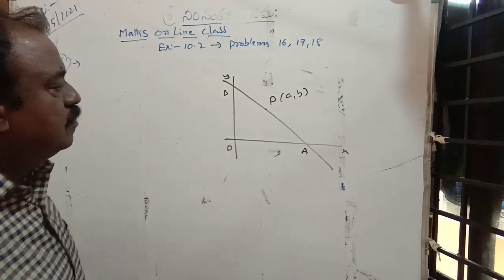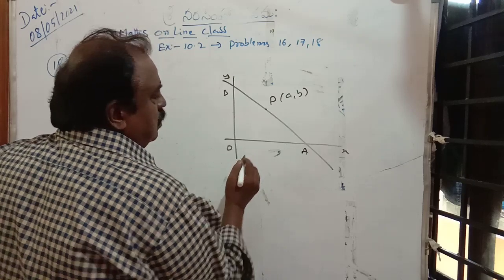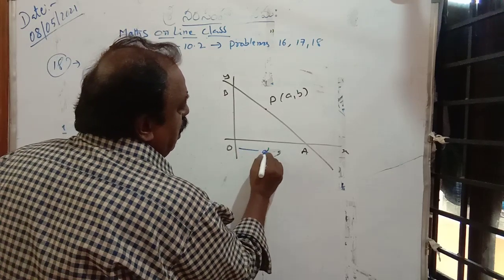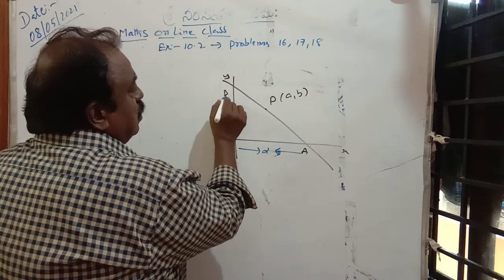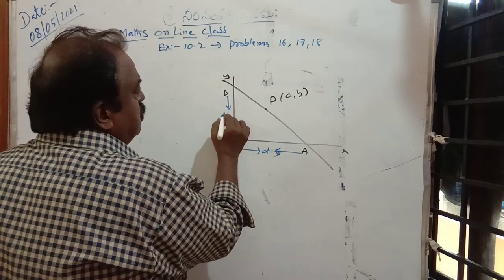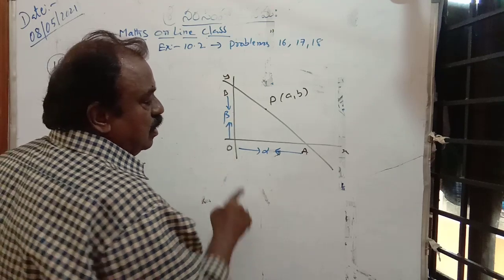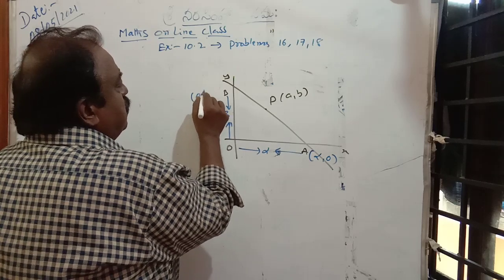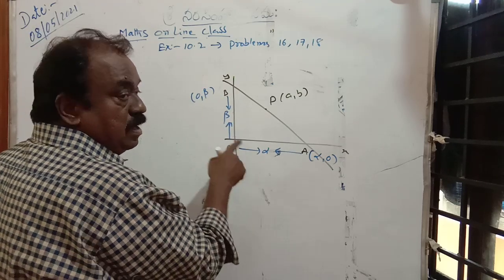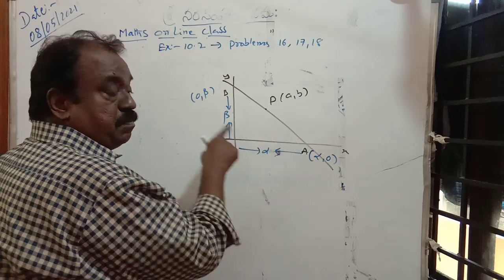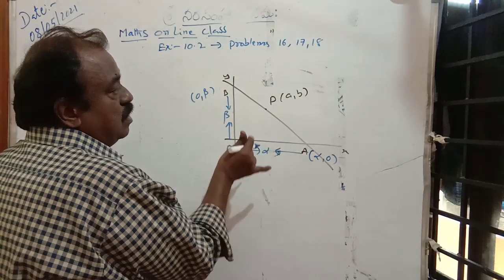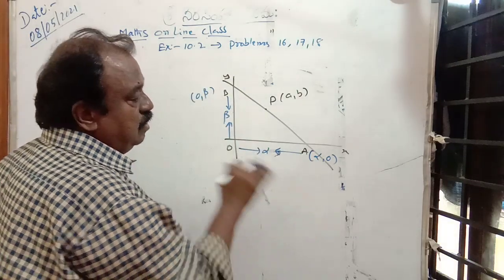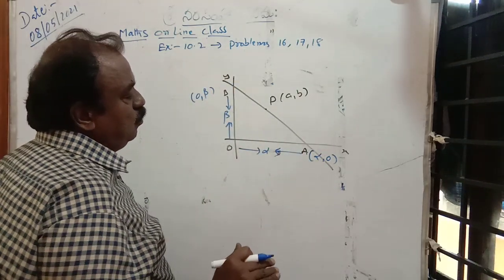Okay now? Suppose you see this, OA is alpha, you assume. Here OB is beta. It is on the x-axis, so alpha comma 0. It is on the y-axis, 0 comma beta. Why am I taking the intercepts? These intercepts are different. It is the x-intercept, y-intercept. AB is the intercepted portion on the line by the axes, coordinate axes.